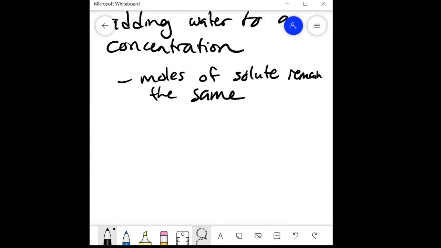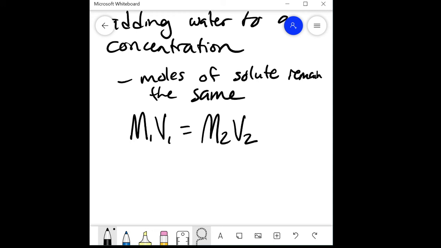So since the moles are the same, the equation is going to be molarity times your first volume equals the molarity of the second one times the volume of the second one. And that just comes from when you're solving for moles, it's molarity times liters.